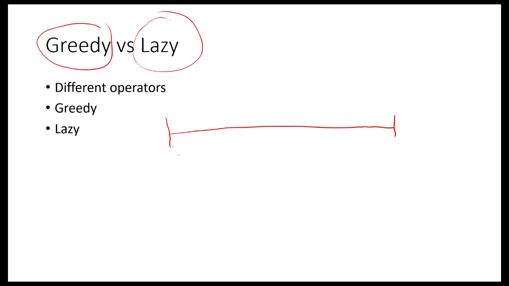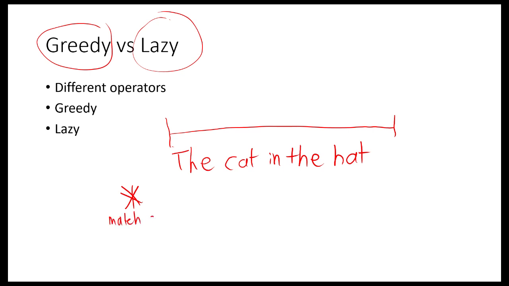If I have a sentence like "the cat in the hat," and my expression is star, match a character, match some text, a lazy expression would just match the T, because it says, hey, I matched something, whereas a greedy expression would match the entire sentence.